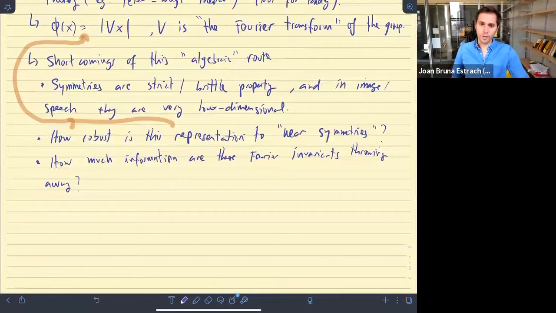These are the two key questions. We build these nonlinear features from understanding the eigenstructure of the group. But what happens with this representation as soon as we are slightly away from the group? And how much information are these nonlinear features throwing away?